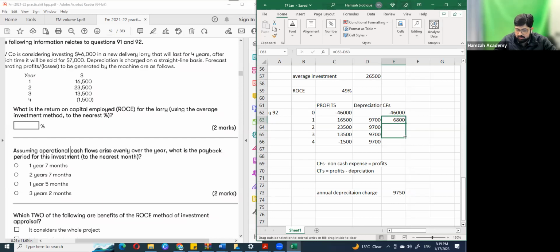Sorry, my mistake. What is my mistake? Tell me. It is plus. Profits plus depreciation. You see, it is minus on the other side, so it will be added this side, right? Profits plus depreciation.